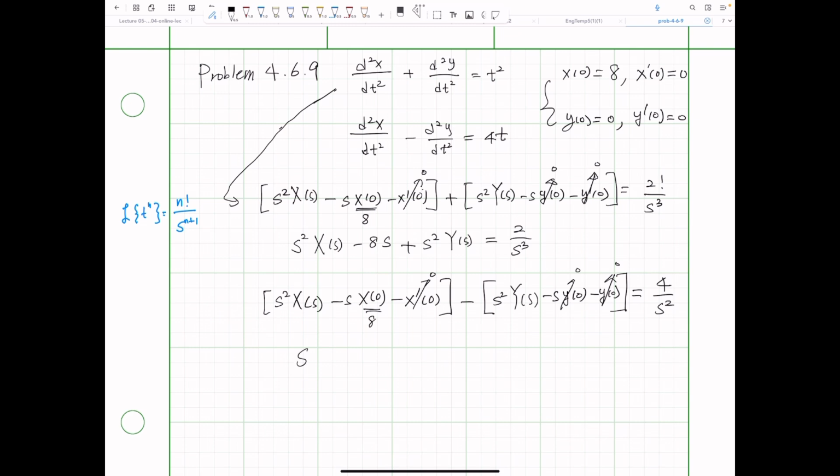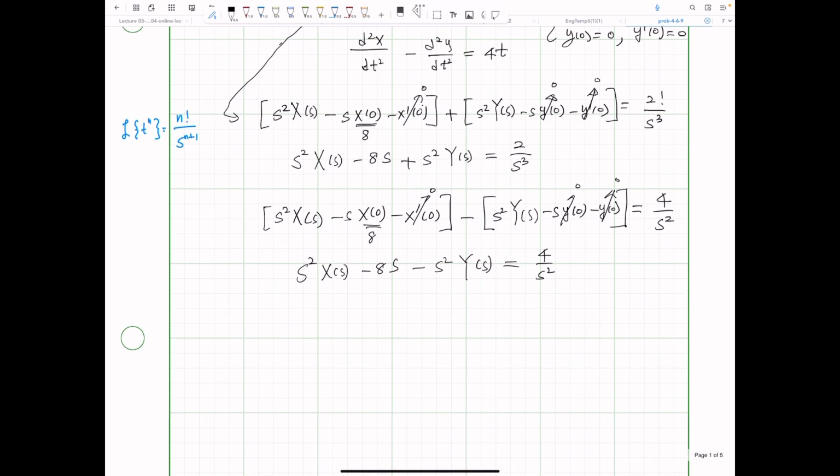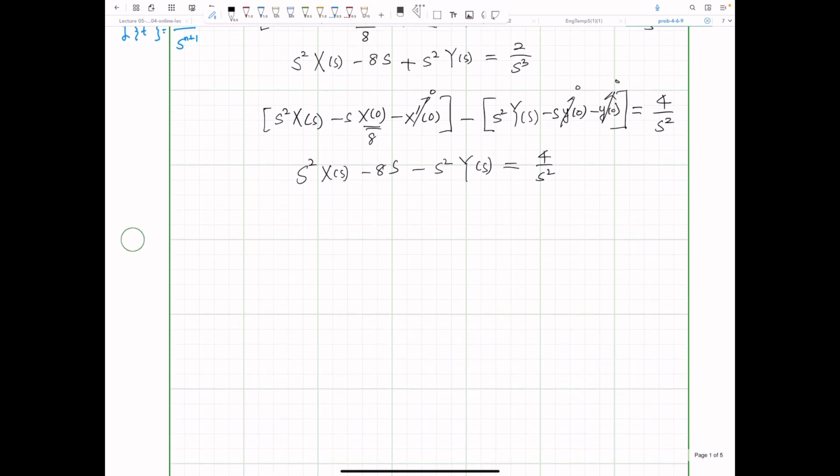Now we have s squared X(s) minus 8s minus s squared Y(s) equals 4 over s squared. So let's put those equations in terms of x and y.